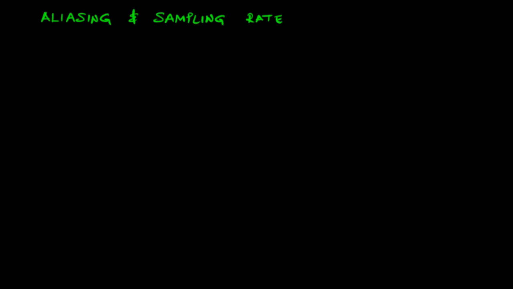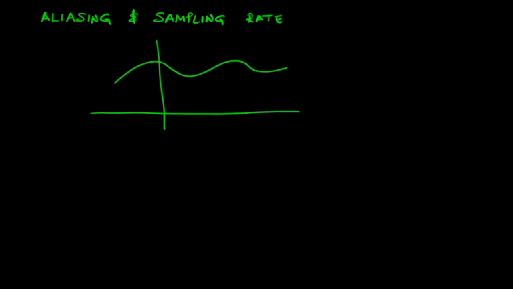Obviously, if we have a continuous signal and we sample it at very small time intervals, or with high sampling frequency, then we would get a discrete signal that better resembles the continuous signal.